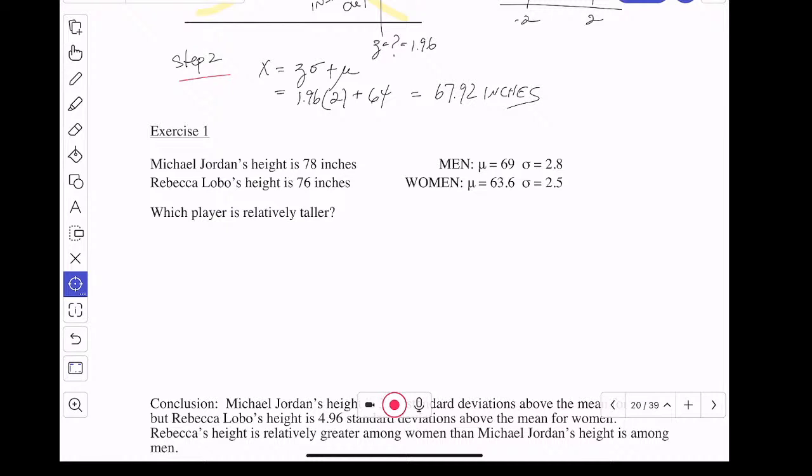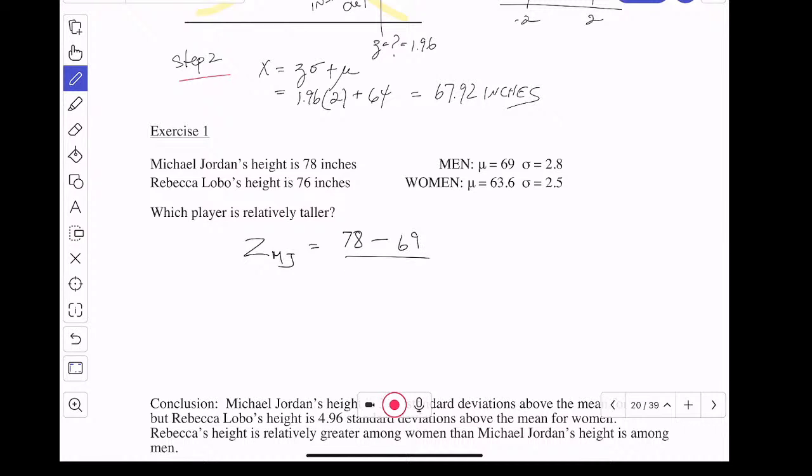How will I figure that out? Well, I'm going to make them relative. I'm going to convert these numbers into relative measures. I'm going to say, how many standard deviations is Michael Jordan relative to other men in general population?